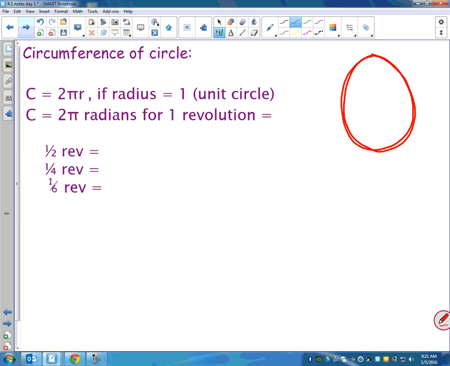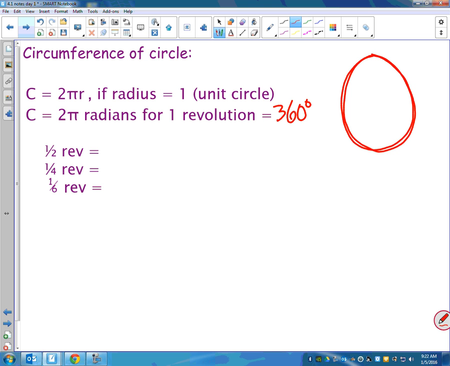Well, in precalculus we talk about this idea of a unit circle. So if the radius was 1, that would just be 2 pi times 1, which means the circle has 2 pi radians for 1 whole revolution. How many degrees are in 1 whole revolution of a circle? 360.